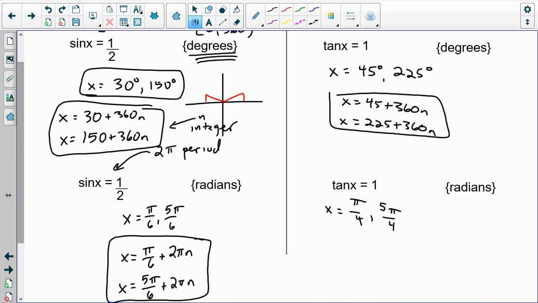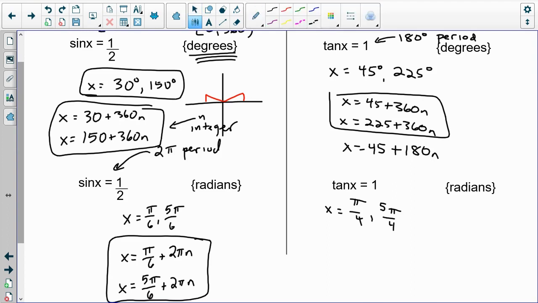But notice that the period of tangent is actually a 180 degree or a pi length period. And if I actually look at this, 45 and 225 are actually 180 degrees apart. And then if I kept adding 360 to both of those, I'm just going to get every single angle that's 45 plus 180n.